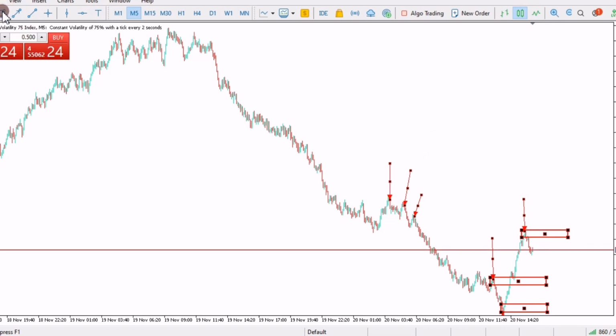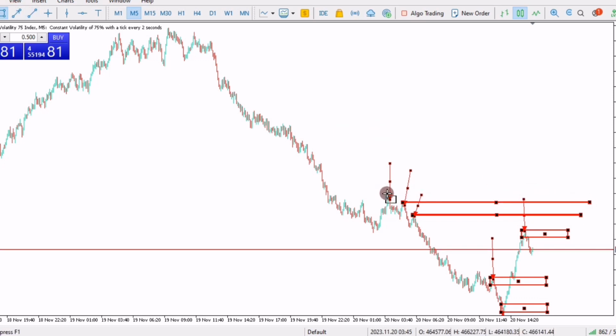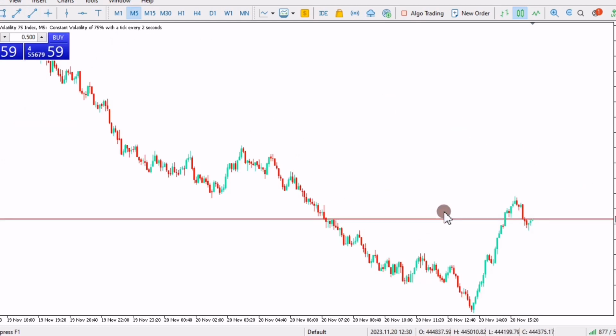So if you are to find a buy trade, your TP is supposed to be there. That's your first TP, second TP, and then your third TP somewhere there. So this should be easy, traders.